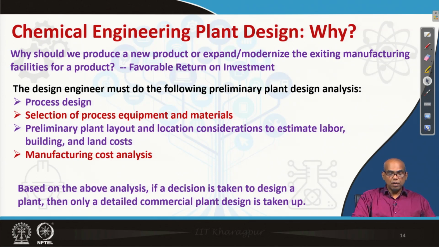So, based on these above analysis, if a decision is taken to design a plant, then only a detailed commercial plant design is taken up. So, before we undertake a detailed commercial plant design, a preliminary design has to be done to understand that commercial plant design may be a success.